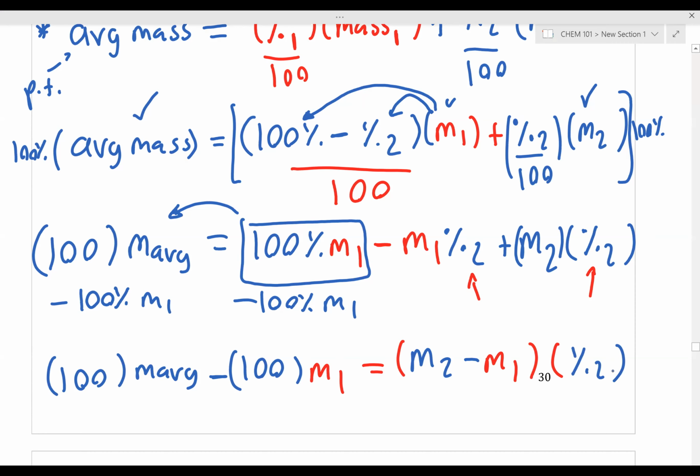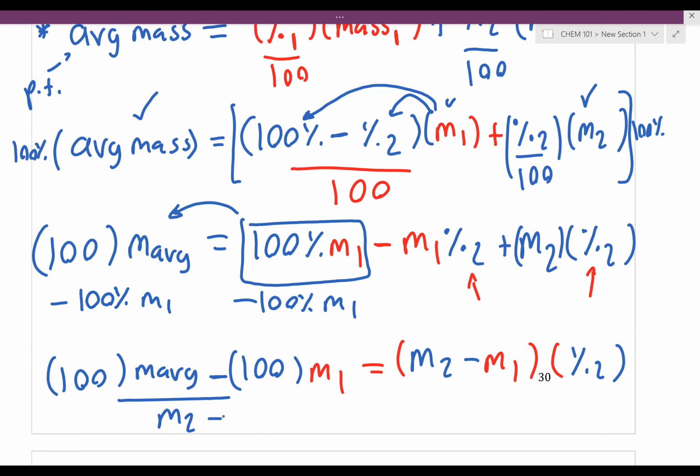Now we're almost done. If we want to completely isolate this %2, can I divide by this entire term? Can I get rid of this term by dividing by it? Yep. So we're going to divide both sides by M2 minus M1.